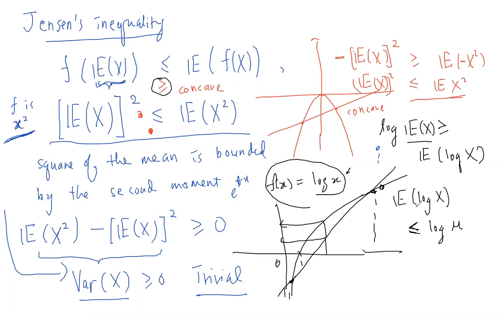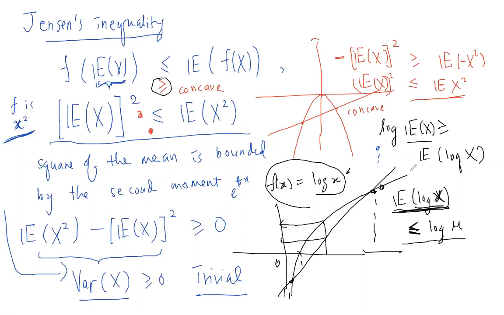This expectation may be very hard to calculate depending on what x is and the distribution of x, but by applying the inequality, you already have an idea about its bound. It cannot exceed a certain value, so this is useful information as well.